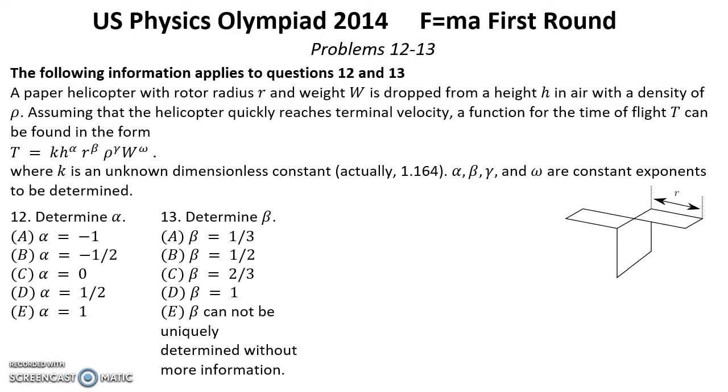Assuming that the helicopter quickly reaches terminal velocity, a function for the time of flight t can be found in the form of t equals this expression, where k is an unknown dimensionless constant, and alpha, beta, gamma, and omega are constant exponents to be determined. Question 12. Determine alpha. Question 13. Determine beta.